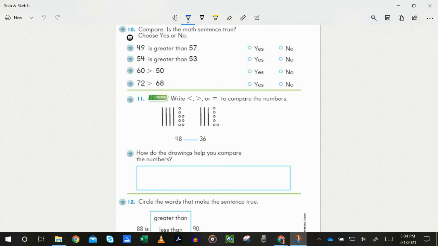Look at that crocodile mouth. Is he eating the right one? Yes or no? And finally, 72 is greater than 68. Yes or no? Use that crocodile clue.